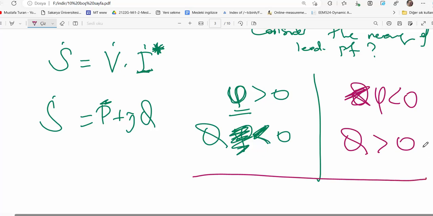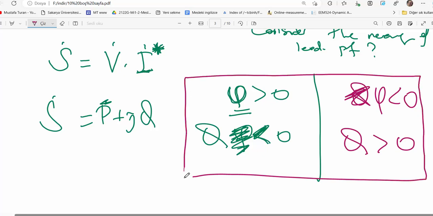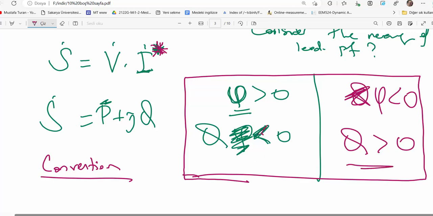There is something confusing due to passive sign convention. That is a convention. So here is a complex conjugate. So you should consider the sign. You should evaluate the sign.